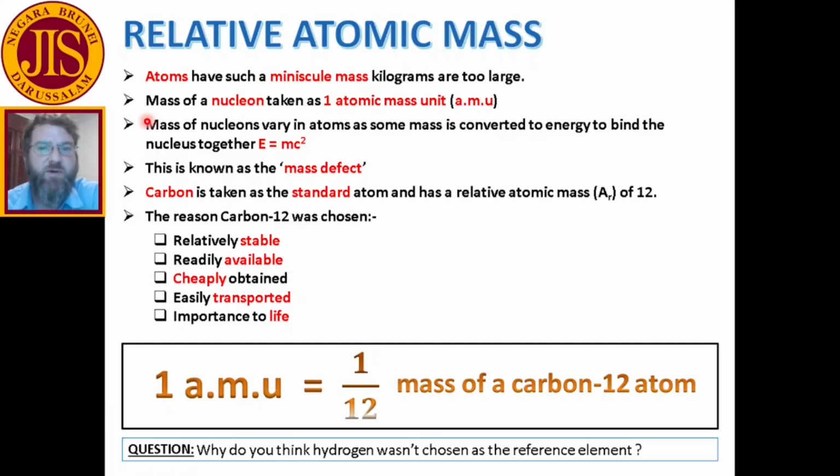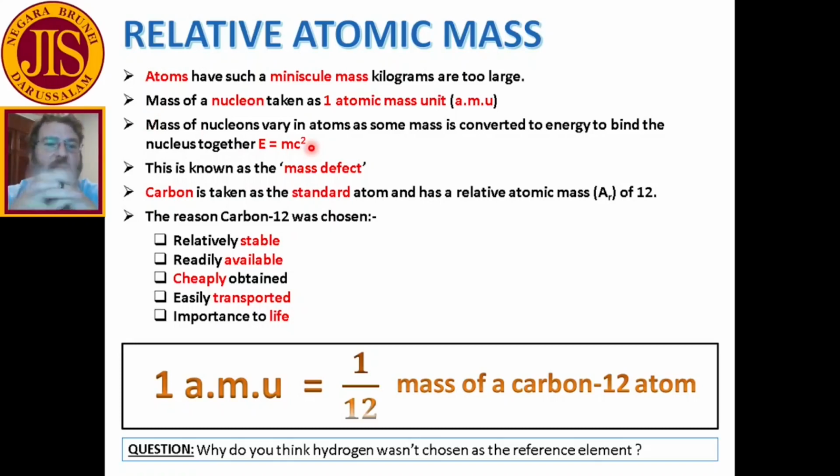Now the funny thing is that not all protons and neutrons weigh the same. If they're in very large atoms, they tend to have a slightly lower mass, and that's because neutrons are used to glue together the positive protons. The positive protons in the nucleus obviously repel each other, trying to get away from one another.